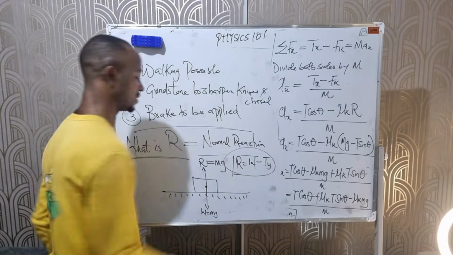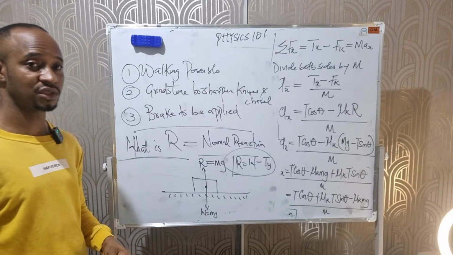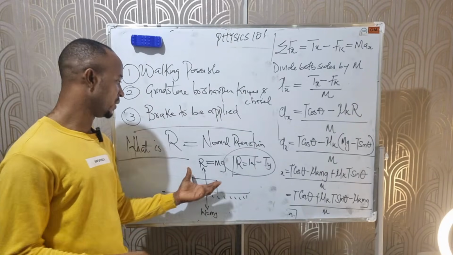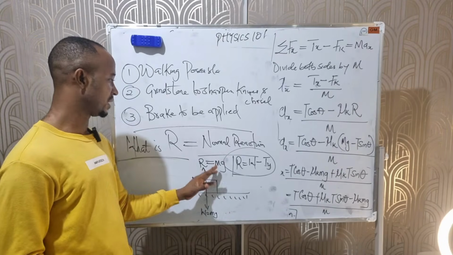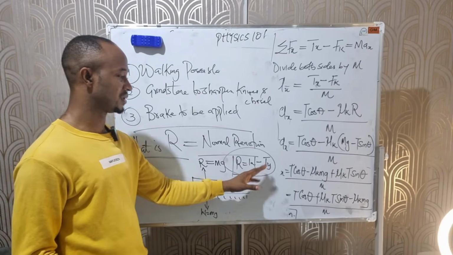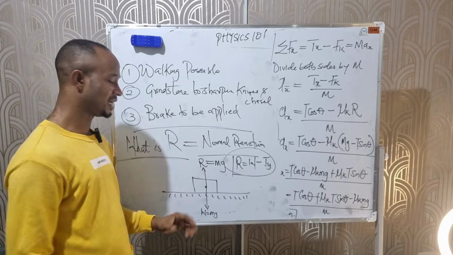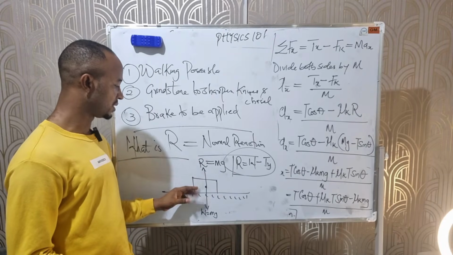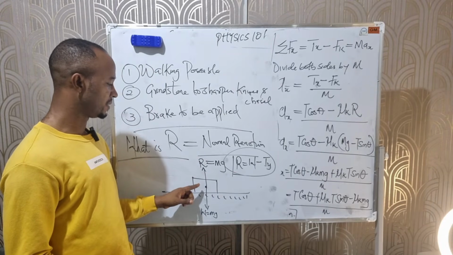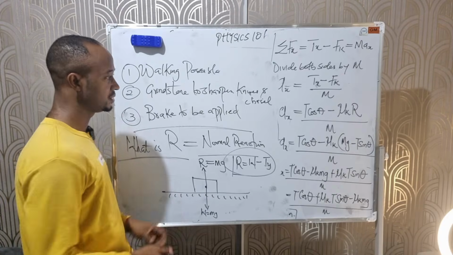Make sure you go to the class and see where I explain the two ways we can express R: R equals mg, or R equals W minus Ty. But just note that your normal reaction is the force the surface is exerting on the body, while the weight of the body is the force the body is exerting on the surface.